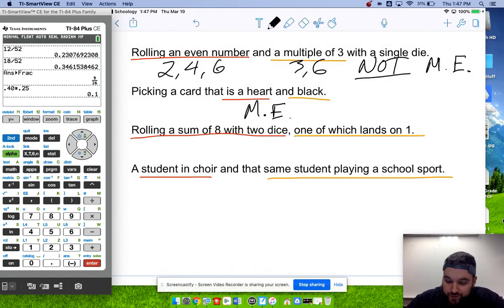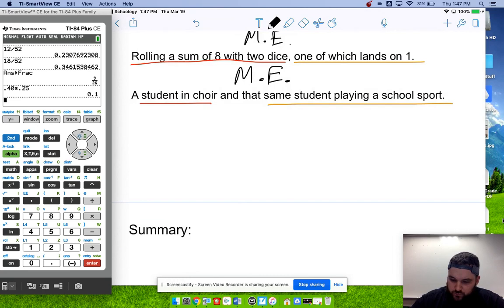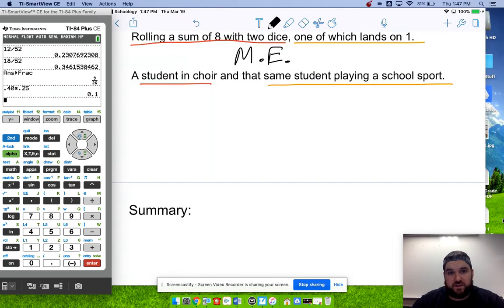The next one, rolling a sum of 8 with 2 dice, one of which lands on a 1. Well, if one of the dice is a 1, the other one would have to be a 7. And there's no 7 on a standard 6-sided die. So it is not possible for both of these events to occur. So I would again deem these as mutually exclusive, meaning the probability that both occur is 0.